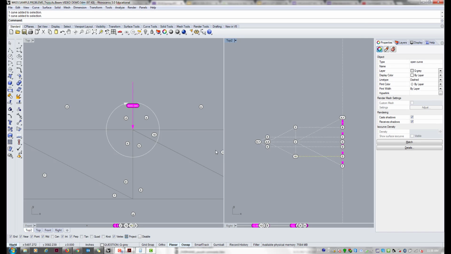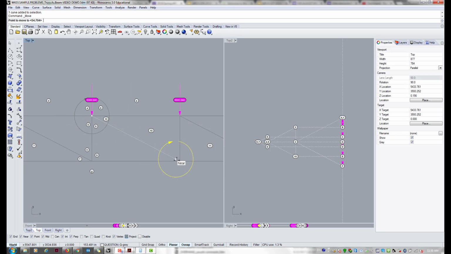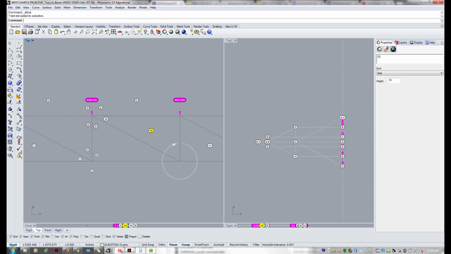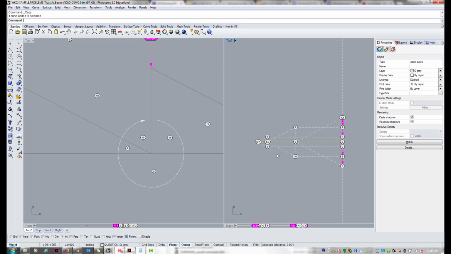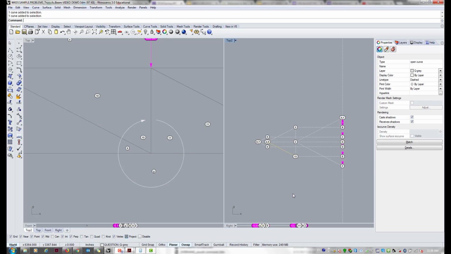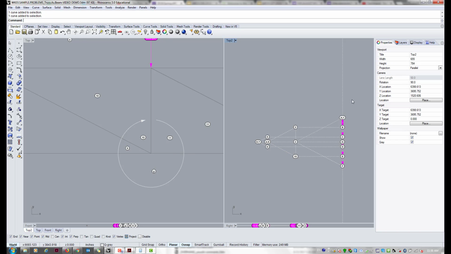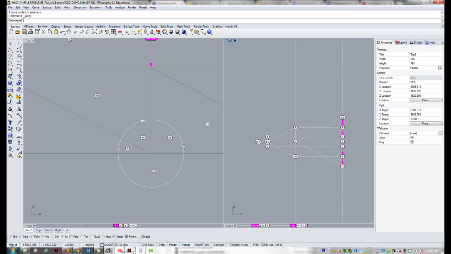E10 is already mapped here, so we move to the next node: 10, 11, 9, and G. G9 is already mapped horizontally. 9, 10 is already mapped. 10, 11 is not there, so it's got to be a vertical force starting from 10, and 11 would be mapped along that vertical line somewhere.